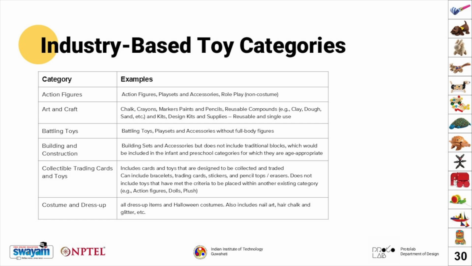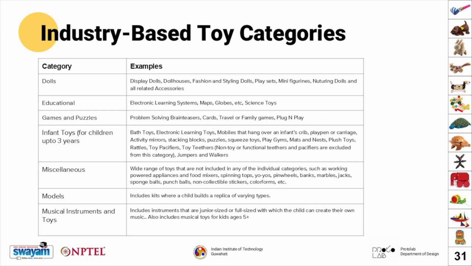The collectible category, cards, minifigures, erasers, stickers, is driven by trends, trading, and collectability. We also have costume and dress up. And of course, dolls, which range from fashion and nurturing dolls to display sets.